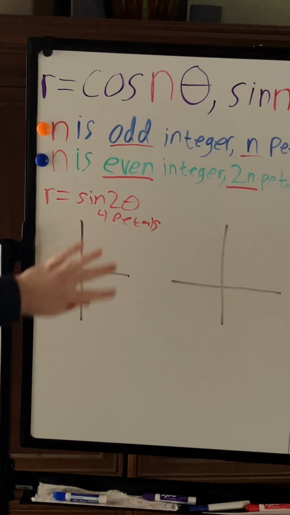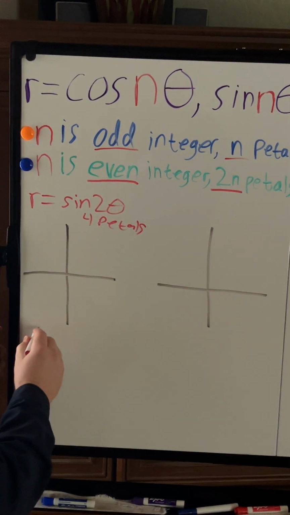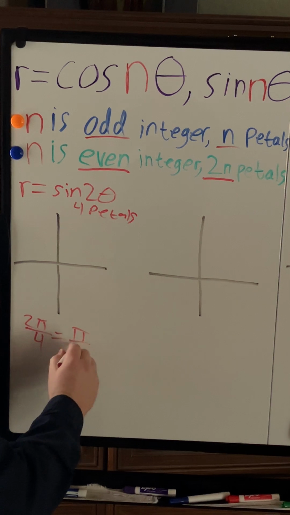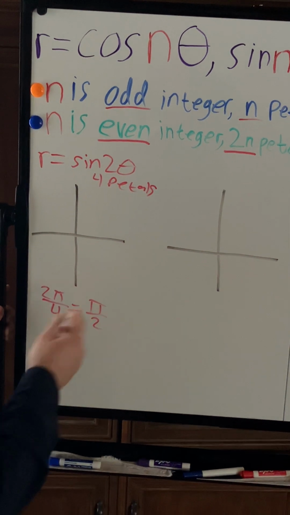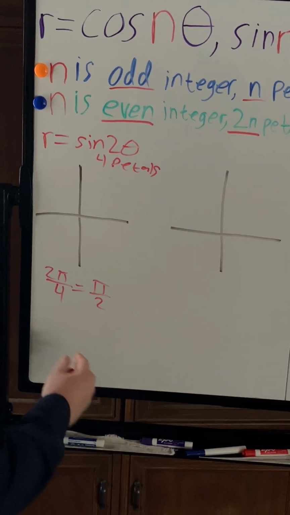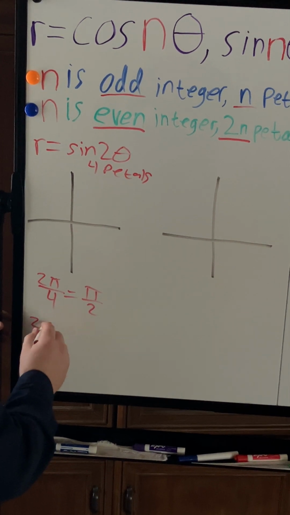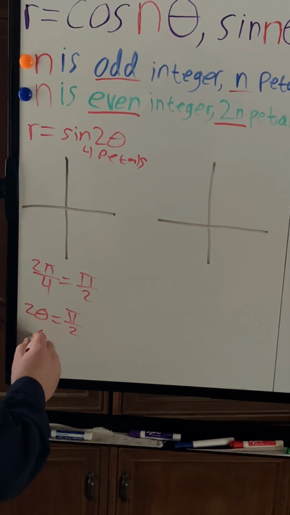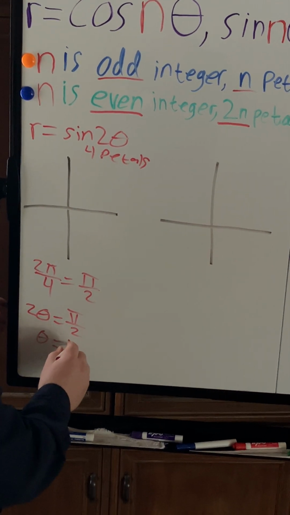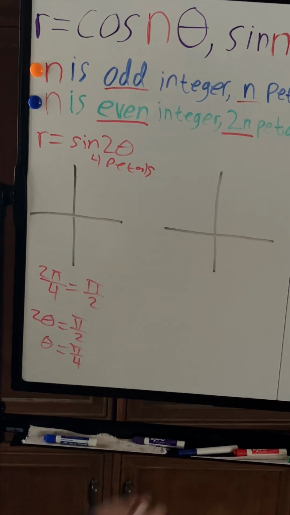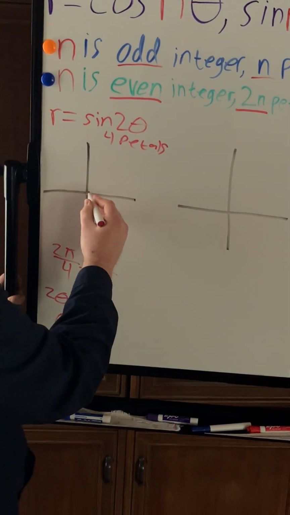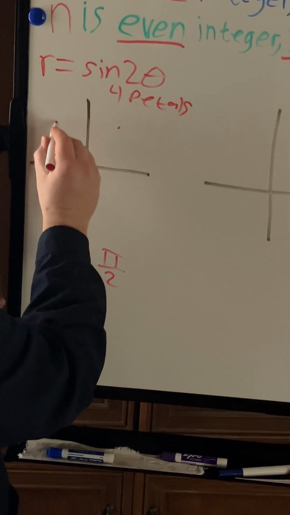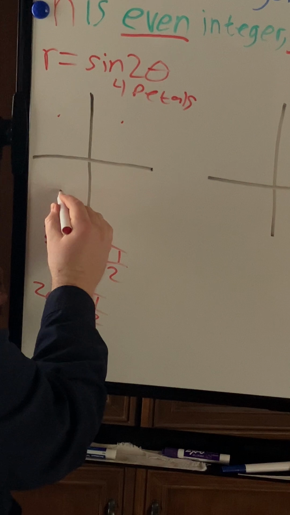Now, 4 petals, evenly spaced, that means they're each going to be pi over 2 away from one another, or 90 degrees. Now, where is that first petal? It's going to be where 2 theta is 90 degrees, or where theta is pi over 4, 45 degrees. So at 45 degrees, we're going to have 1, and then we go 90 away for all the other ones.